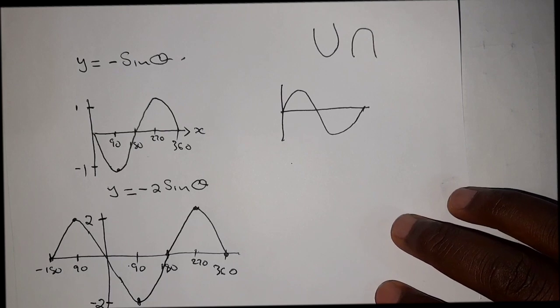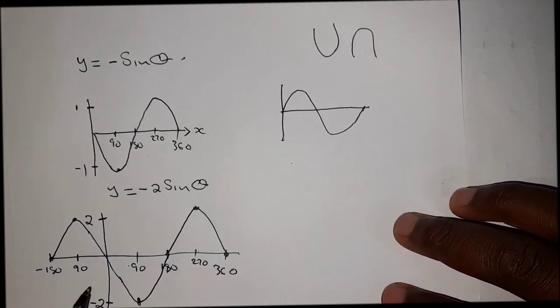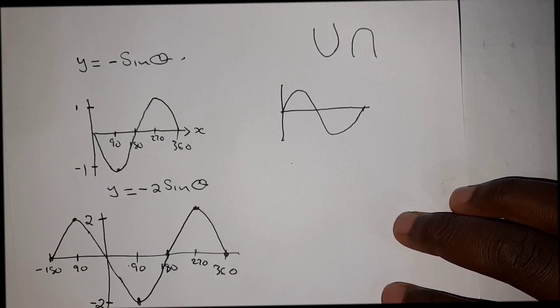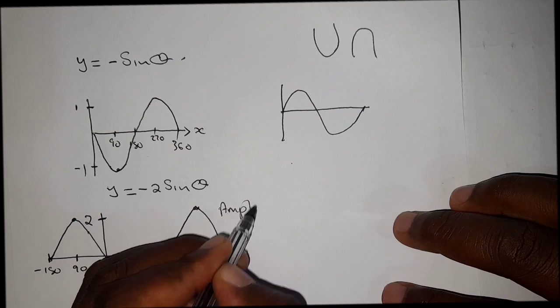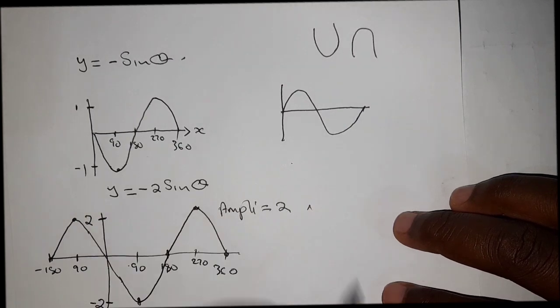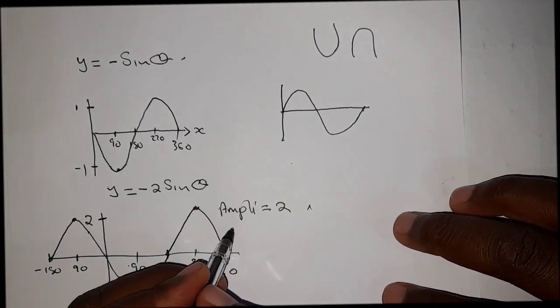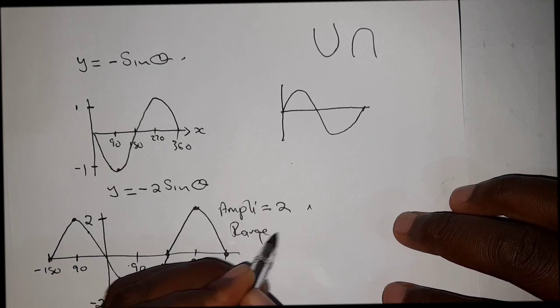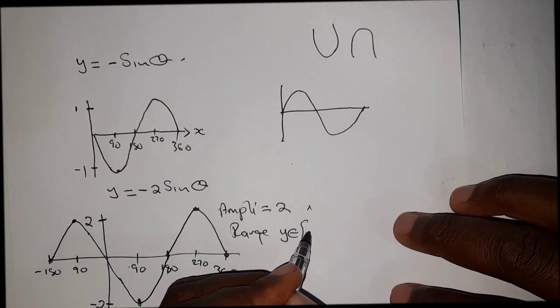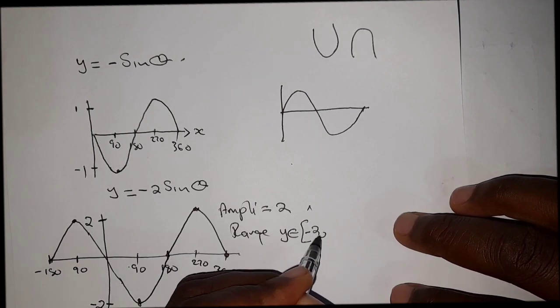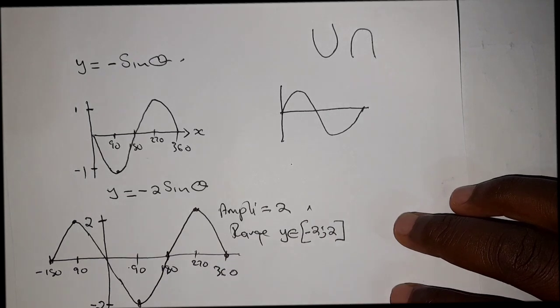There it is, right? Now this one, my period is still 360, but my amplitude is now 2, and then my range is now negative 2 to positive 2, right?